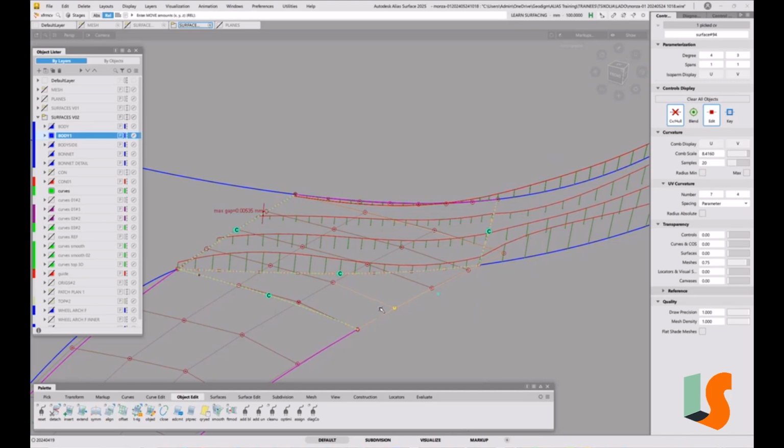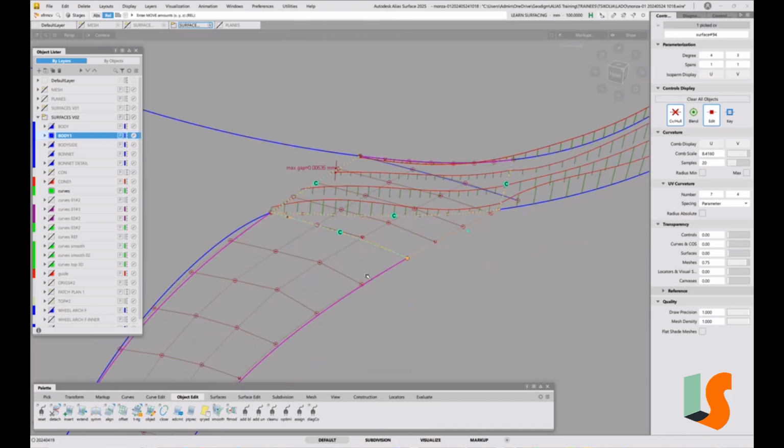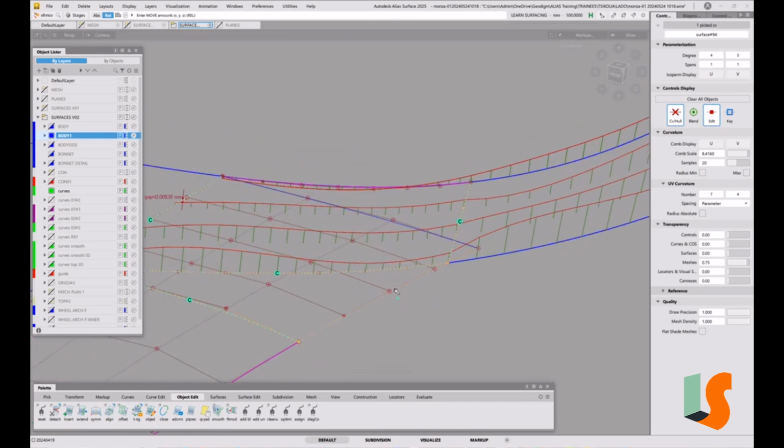Yeah, so I think by raising this area up, that's also helping a little bit, but I just want to make sure that this isn't doing anything crazy.